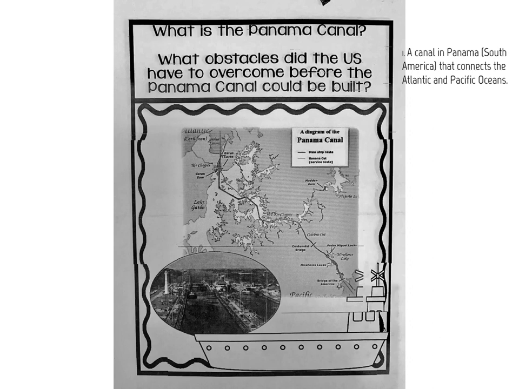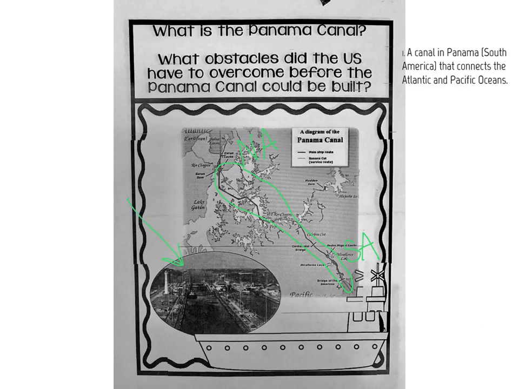So if we're looking here at this map, this is a very thin piece of land that's connecting North America to South America. However, imagine if ships were able to pass through, like you can see right here in this image.